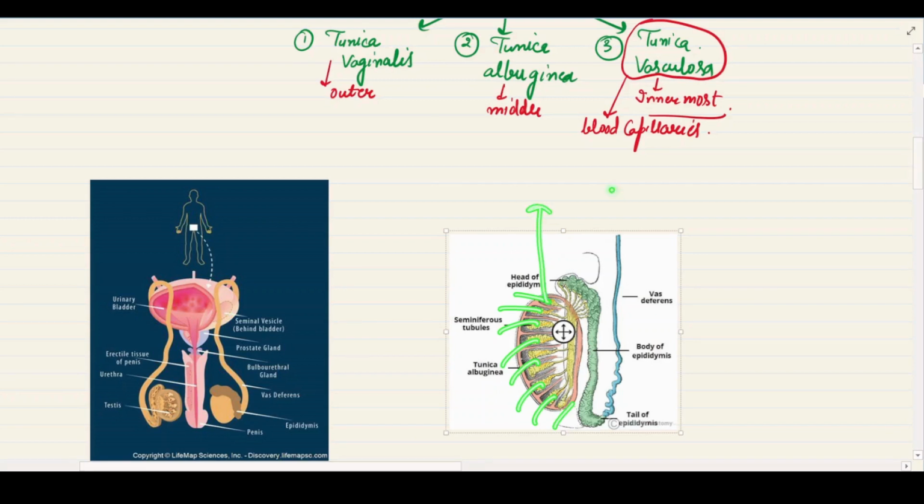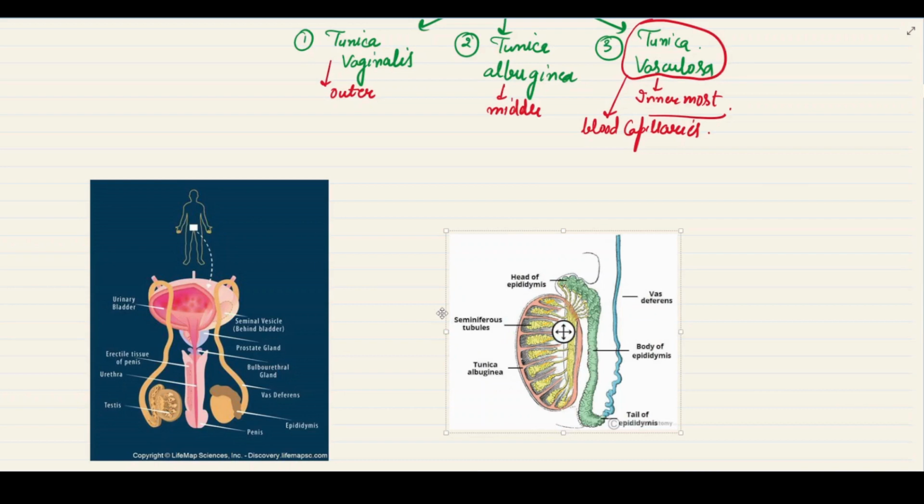These compartments are called the testicular tubules, and inside these compartments there are 1 to 3 seminiferous tubules, where the sperms are formed.